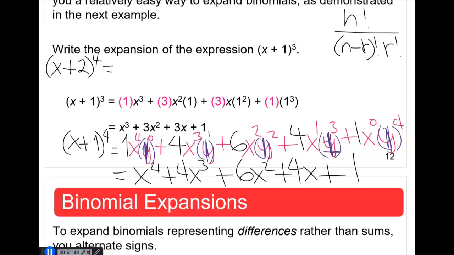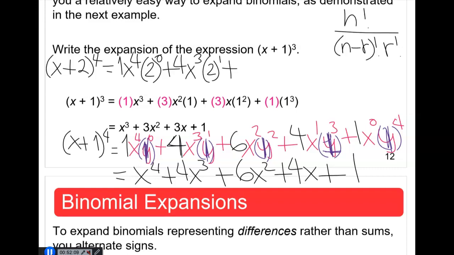So this will be 1 x to the 4 and then 2 to the power 0. Plus, we already know the next binomial coefficient is 4, so 4 x to the third power and then 2 to the power 1.